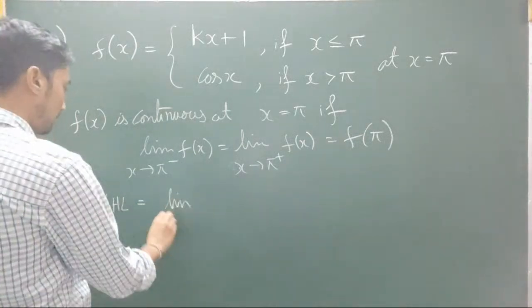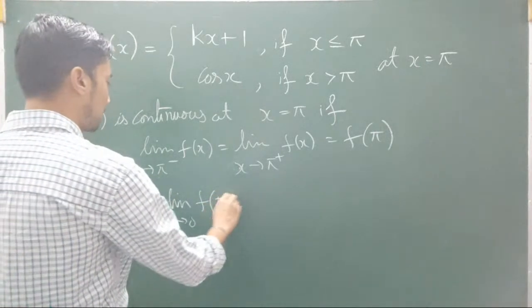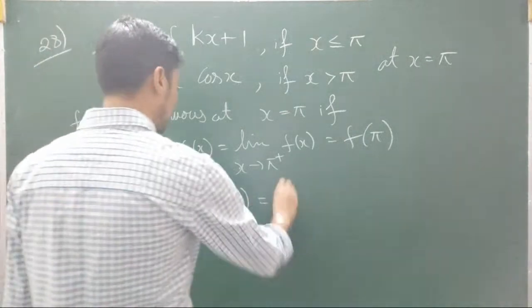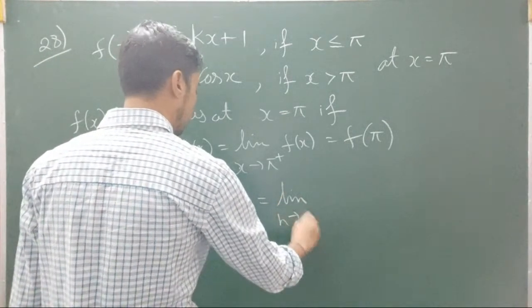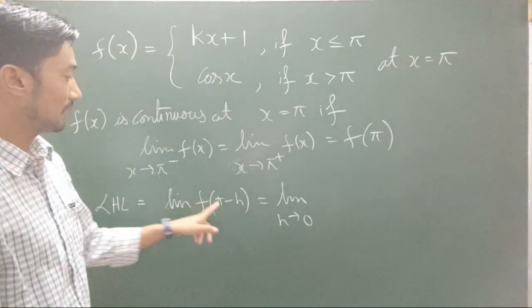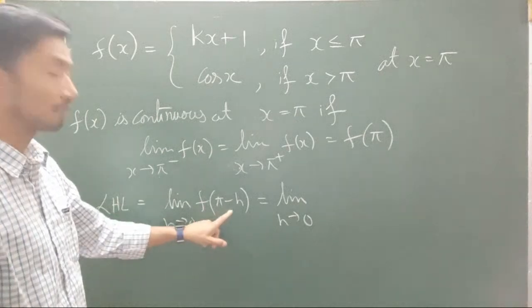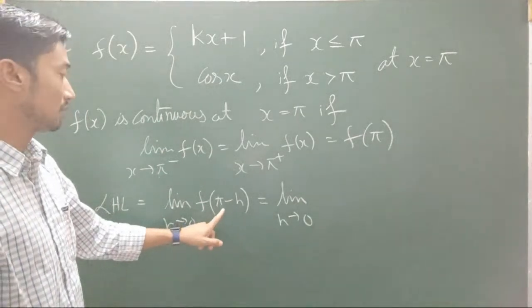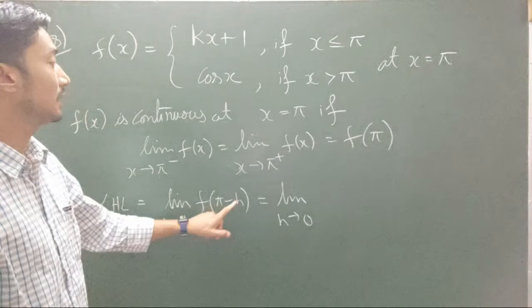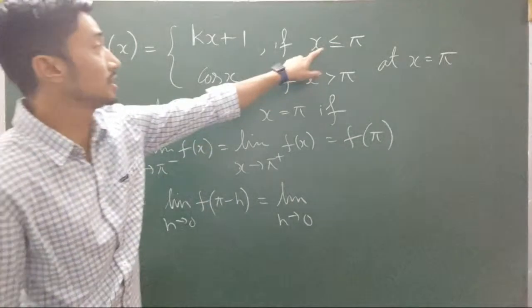So I'm going to start straight with the interval h tends to 0, f of pi minus h. So the limiting value as h tends to 0, pi minus h. These are values slightly less than pi, pi minus a small interval h. Whenever the value of x is less than pi, which function are we going to use?